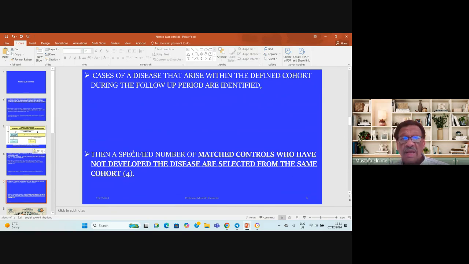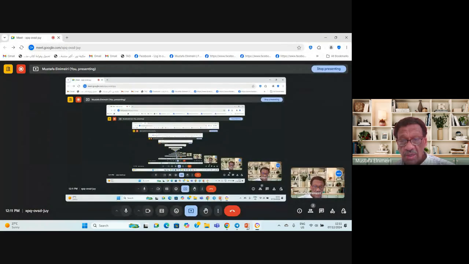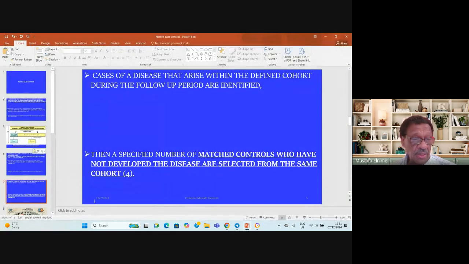Thus cases of a disease that arise within a defined cohort during the follow-up period are identified, and then a specified number of matched controls who have not developed the disease are selected from the same cohort. Thus, we end up with the nested case control design.